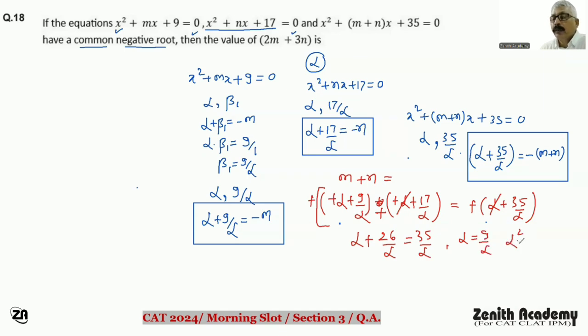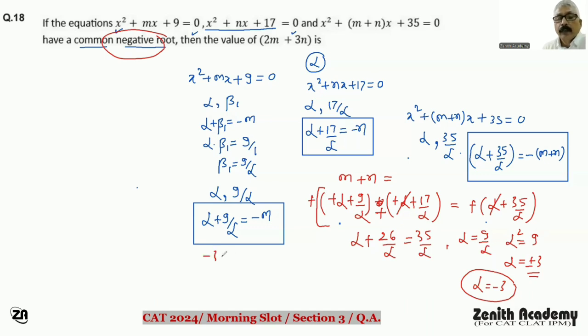It is alpha square is equal to 9. Alpha is equal to plus minus 3. A common negative root, so alpha you will take is equal to minus 3. So put it here for getting m and put it here for getting n.